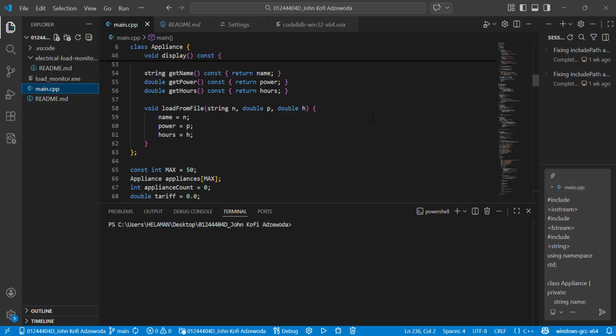We calculated 120 times 5 hours to know how much our TV consumes. Now that gives us 0.6 kilowatt-hours per day.